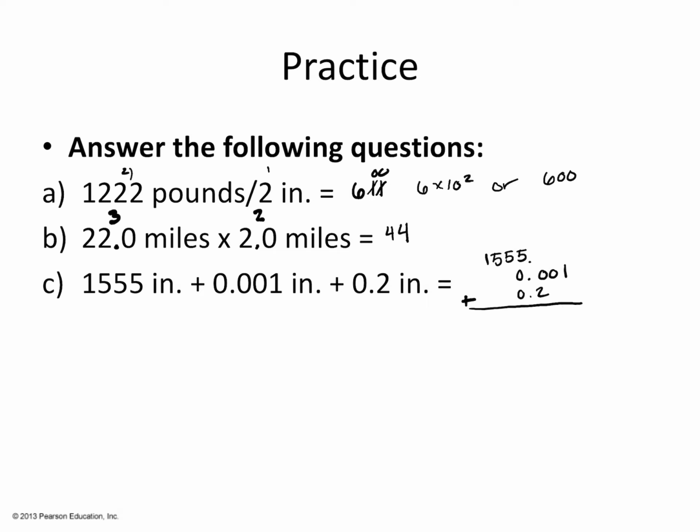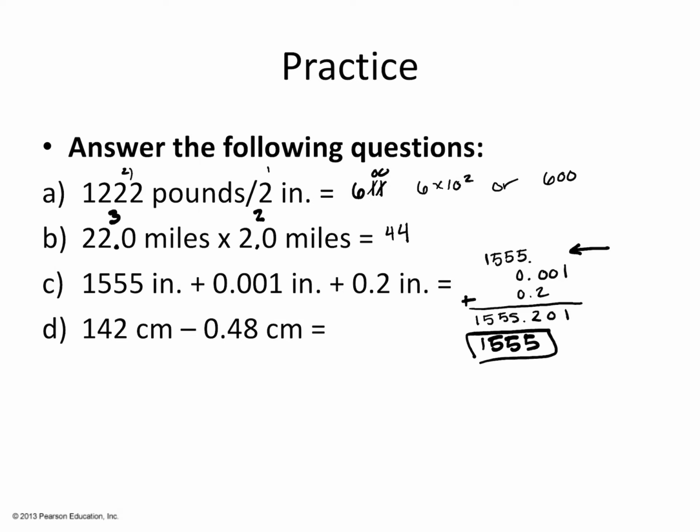What do we get? I get 1,555.201. Now, which one has the least amount of numbers after the decimal? 1,555 has none. So your answer should be 1555.